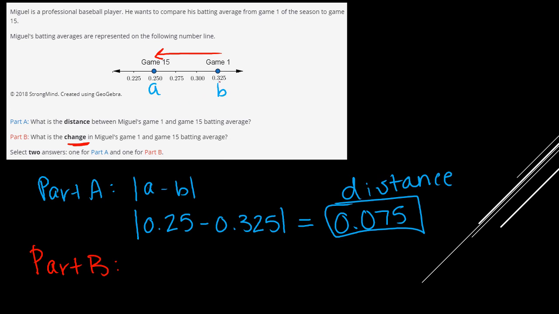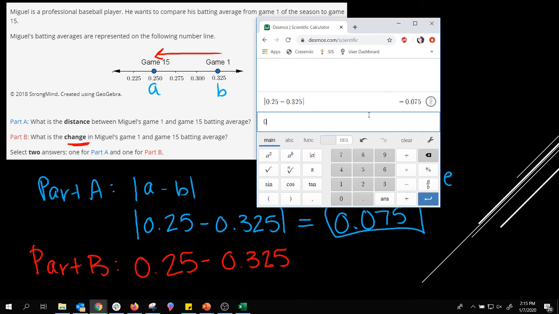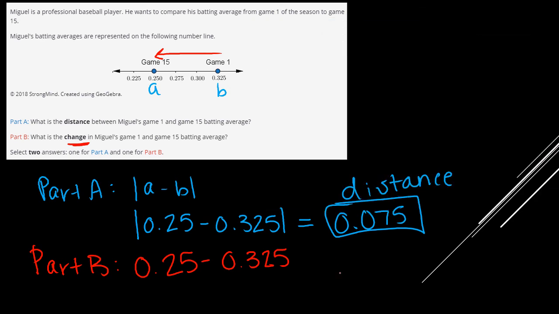But we want to figure out how much he decreased by. So what I'm going to do is use that same exact expression, but instead I'm just going to get rid of my absolute value signs. So 0.25 minus 0.325, which tells me it is negative 0.075.